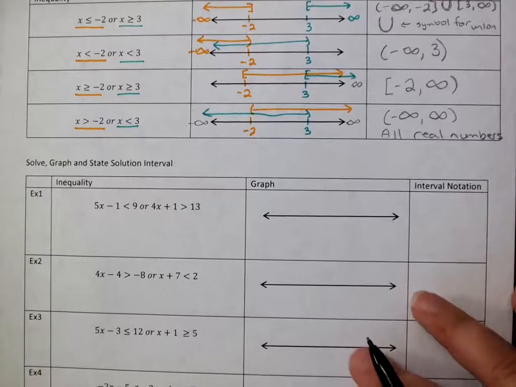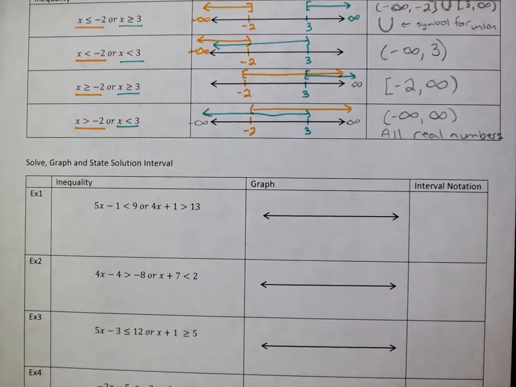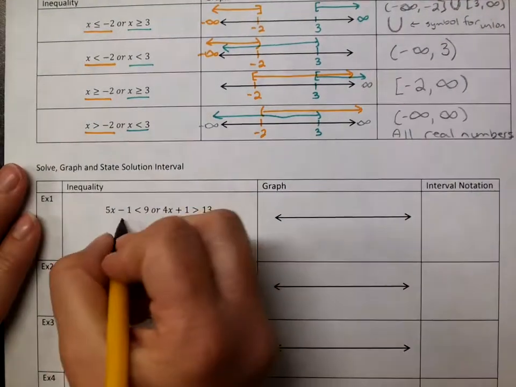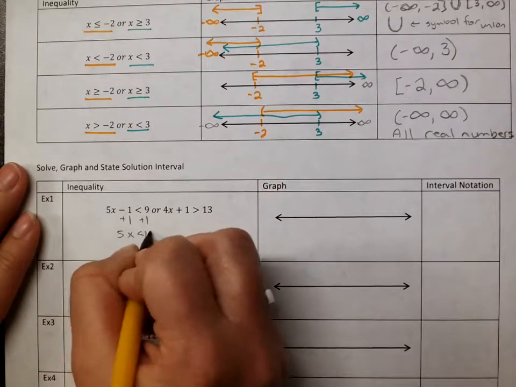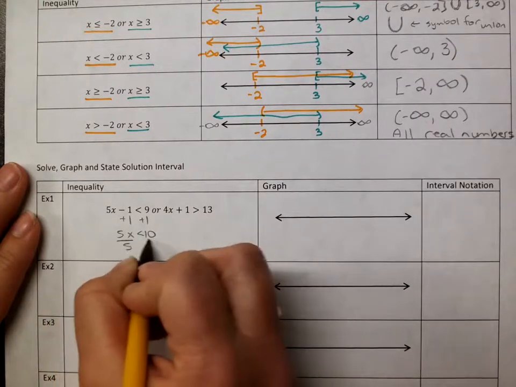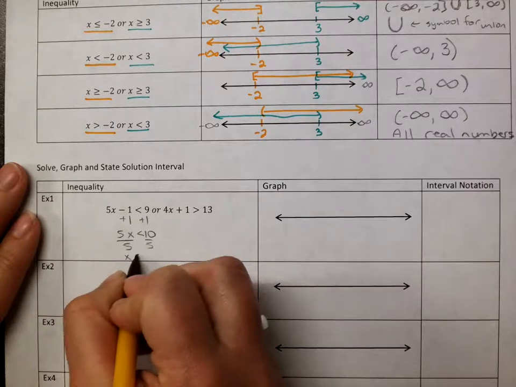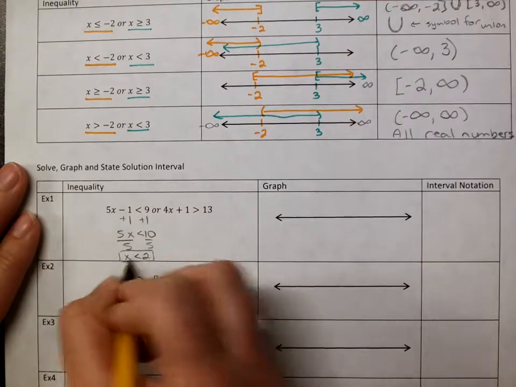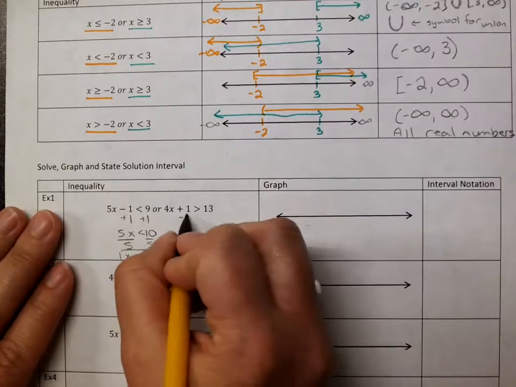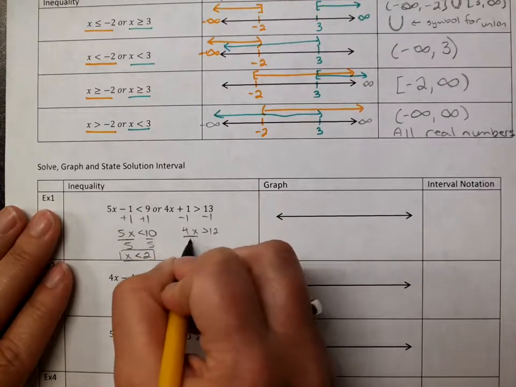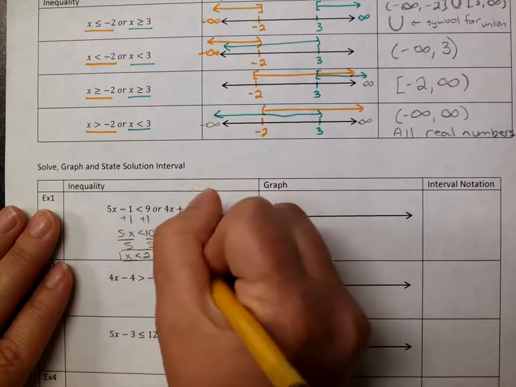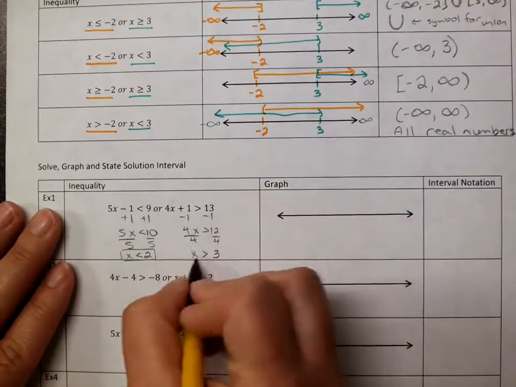So let's look at some of the solving. Again, you can try these on your own and then play it back to see how you did, or you can just continue to follow along. Let's see, we're going to go ahead and solve, and then we'll graph and get our solution interval. So we get x is less than 2, or, going through the solving process here, x is greater than 3.